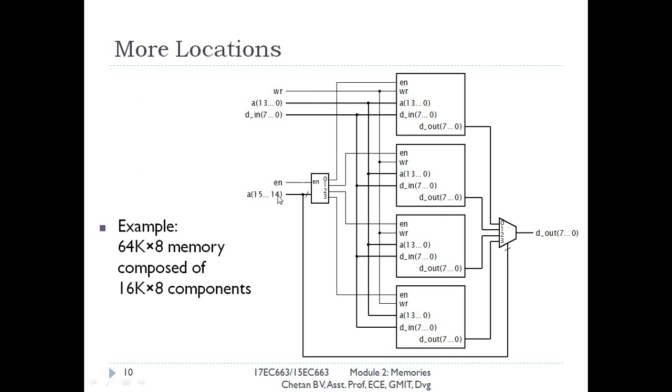When these address lines are 1, 1, similarly you can select the last component and the first 3 components will be disabled. So you can access all locations of the last component. So these 4 components together will provide a memory with more locations. The total capacity of memory after combining all these 4 components will become 64K into 8 bit. 64K is the total number of locations, 64 into 1024.